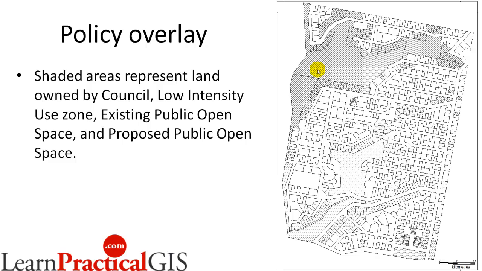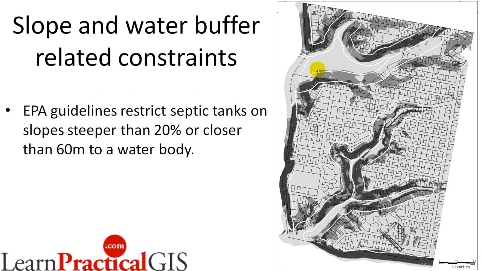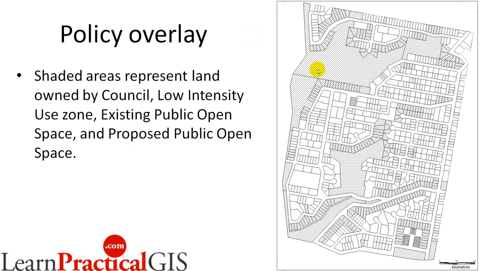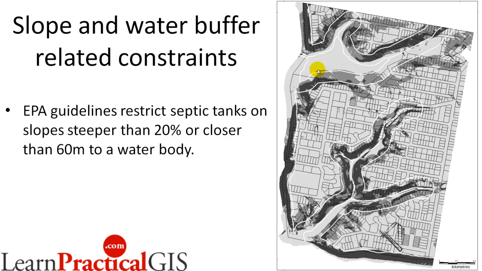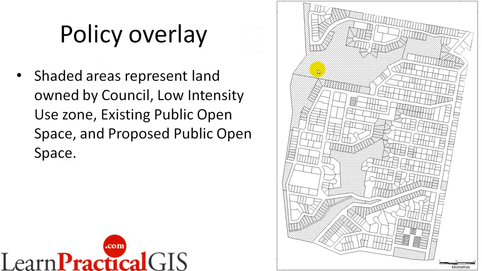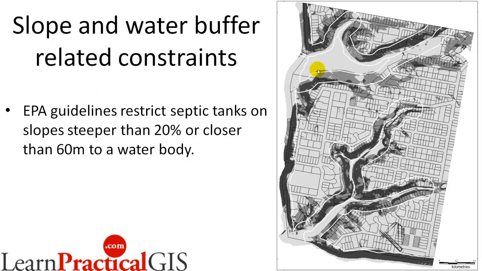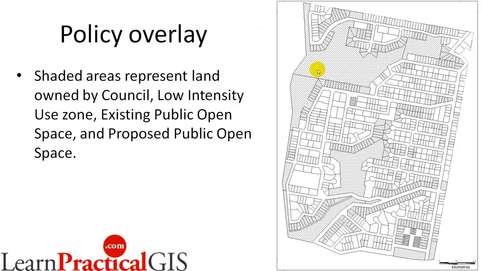So in this previous map, there's a whole bunch of areas that are affected by the constraints, but when we actually look at them, a lot of them are owned by council anyhow. Okay, and can we see this idea of map overlay coming up?